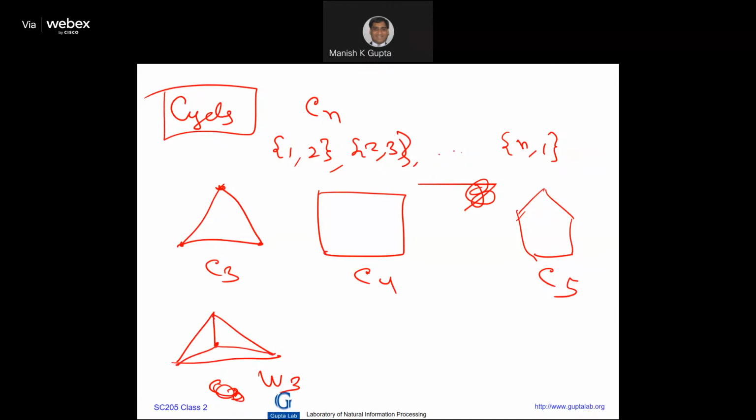From cycle we can get wheel. Similarly here, take the center and join everything. This is W4, this is a wheel, right? Take the center and join everything. So from cycle, you can get wheel like this. All these kinds of things are possible.